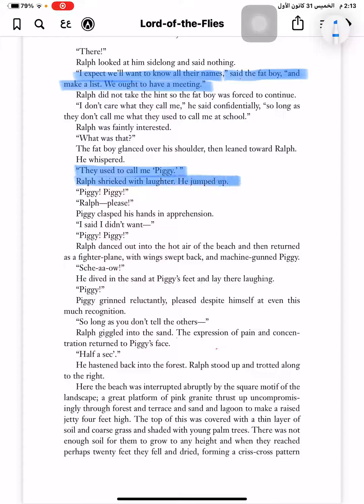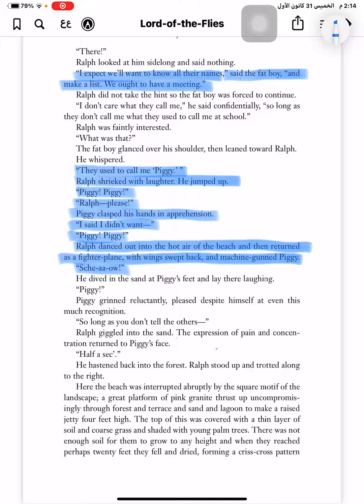He jumped up. So this is impolite, though it is normal behavior for boys. In spite of this mockery, we find that Piggy behaved normally after that when they came to swim in the pool.